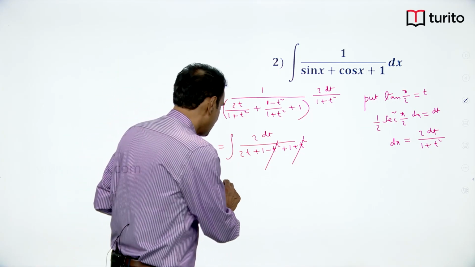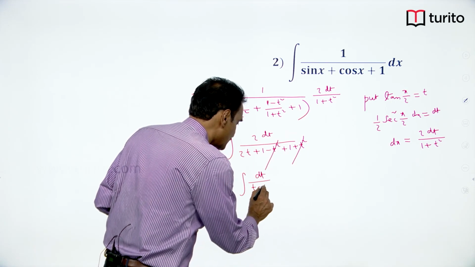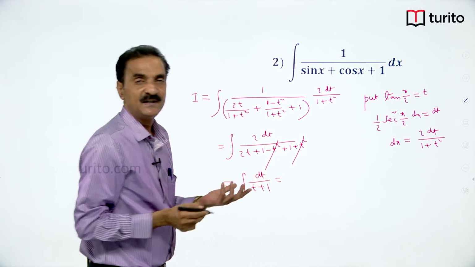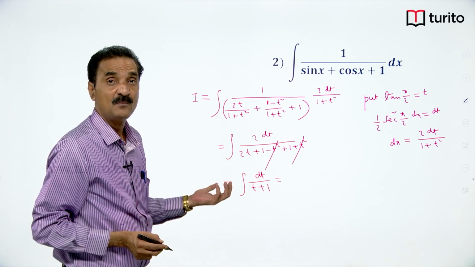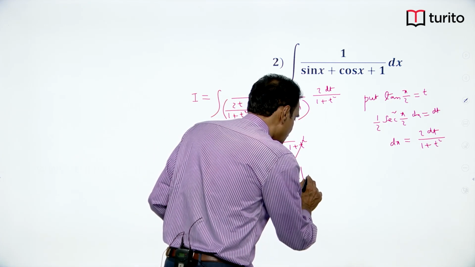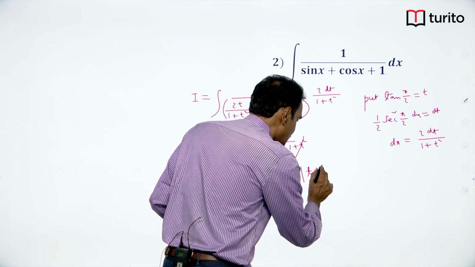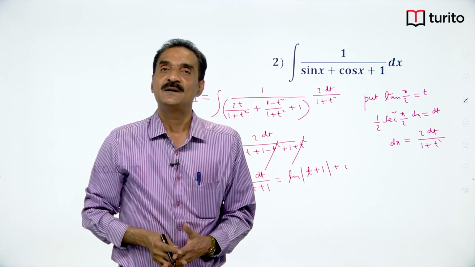Cancelling 2, you will get integral dt by t plus 1. What is the integral? Integral of 1 by t plus 1 is ln mod t plus 1 plus c. Now substitute t is equal to tan x by 2.